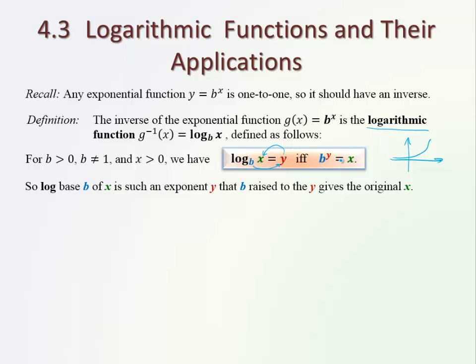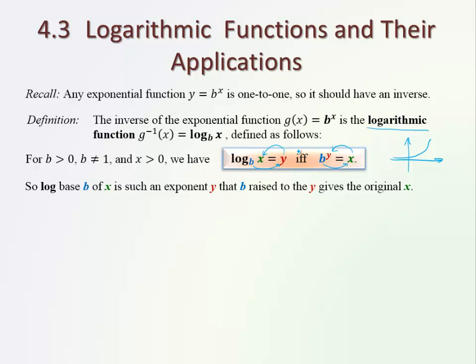Another way around, if our equation is given in exponential form like that, b to the y is equal to x, remember that that exponent represents exactly the logarithm of x. So we can remember as before, in kind of circular order, if we take log b from x, that will give us the exponent y.